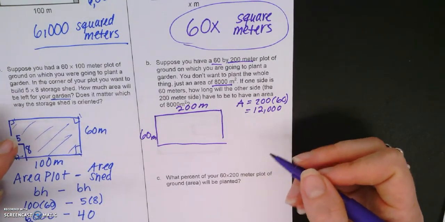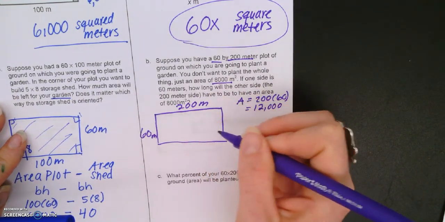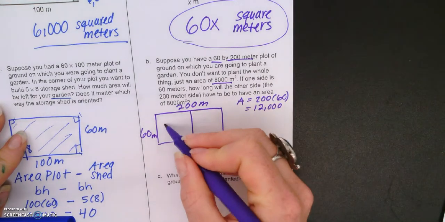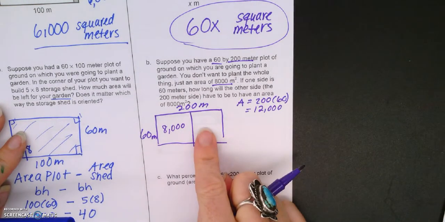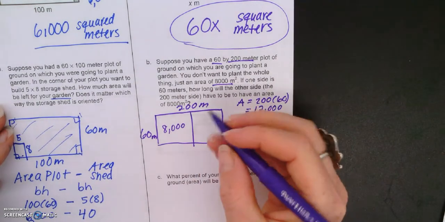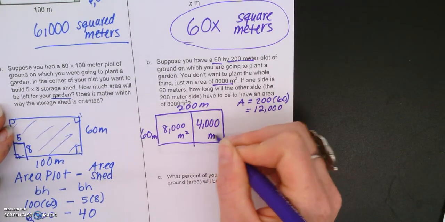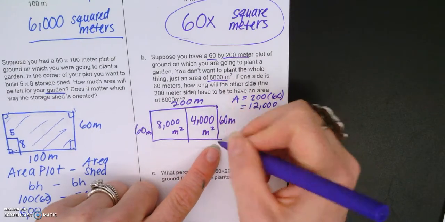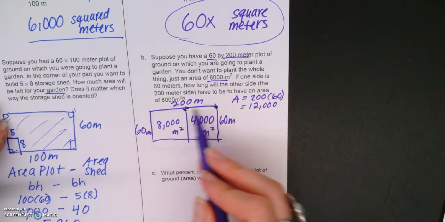So we know we're going to have 8,000 for our area. And we know this part is going to be the remainder of the area, so that would make up 4,000. These are both meters squared. So again, remember, this is still 60 meters this length, and we have to figure out how much is this length.